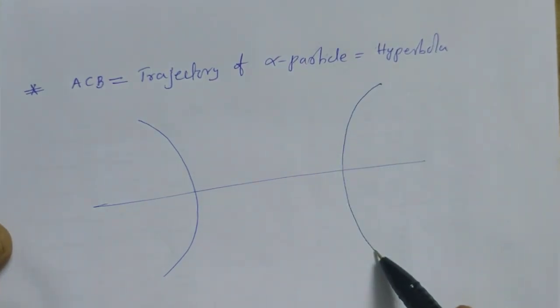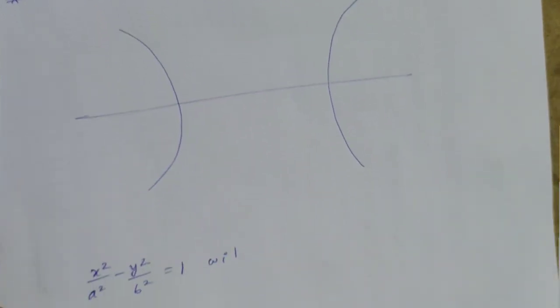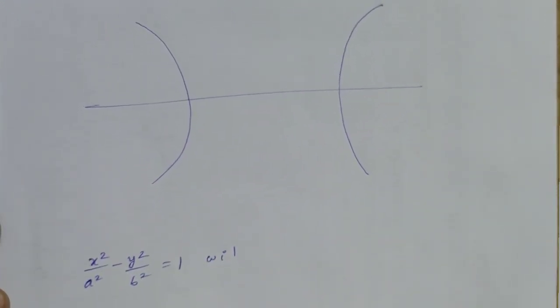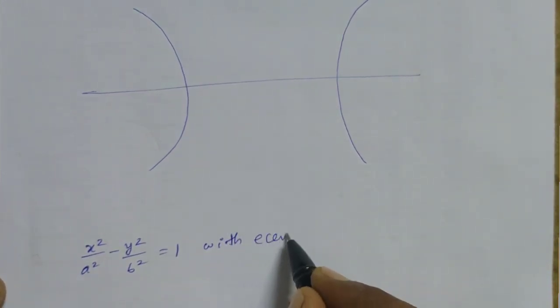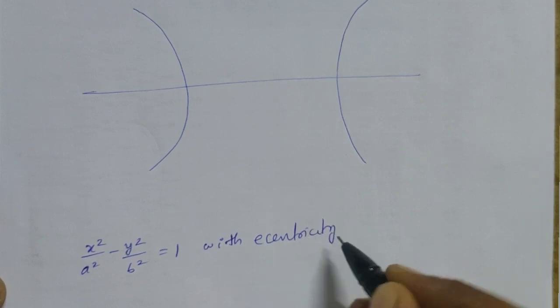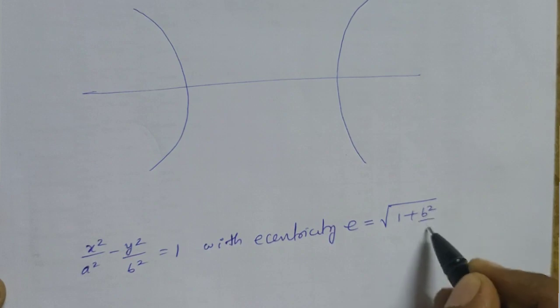So what is the equation of the hyperbola? Something like x square by a square minus y square by b square is equal to 1, with eccentricity e equal to square root of 1 plus b square by a square.